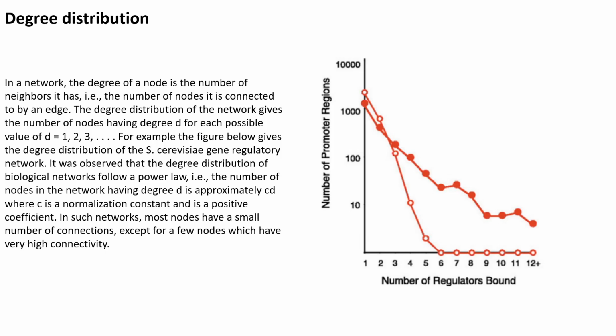For example, in this figure, this is the degree distribution of the Saccharomyces cerevisiae gene regulatory network. As you can see, it looks like a power law network.